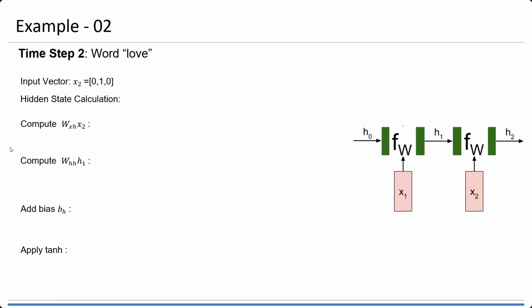Okay, for the next function, it means we go to the time step 2. So time step 2, we are using the word love. So the word love, we use the 0, 1, 0.